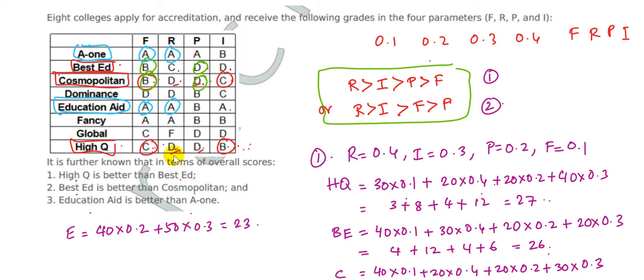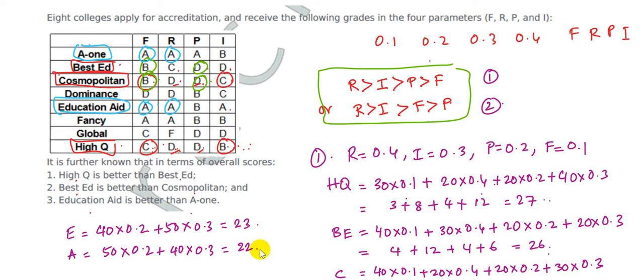And A would be A in P, that means 50 into 0.2, plus B in I, 40 into 0.3, which is 10 plus 12, which is 22.